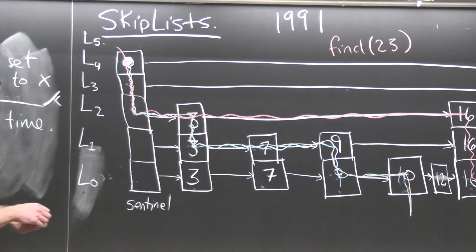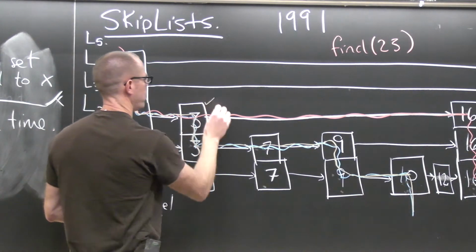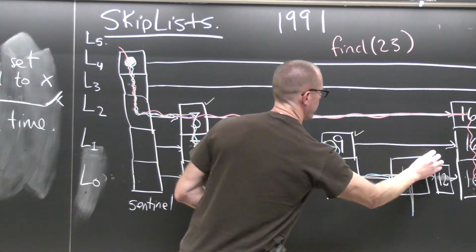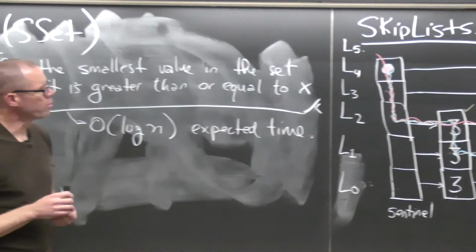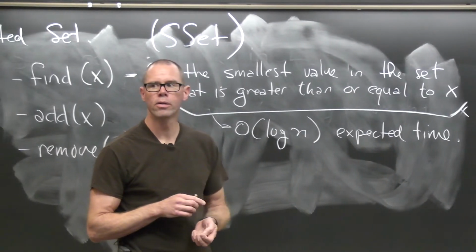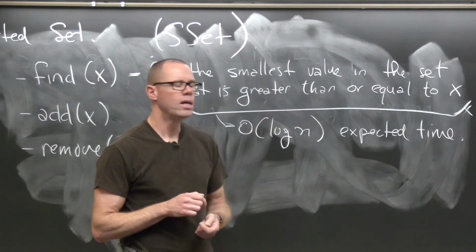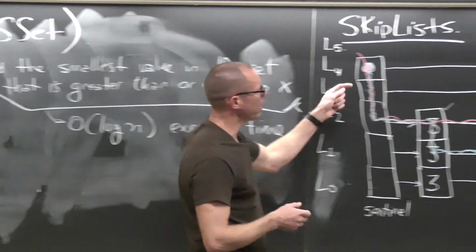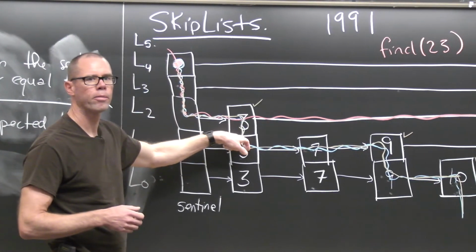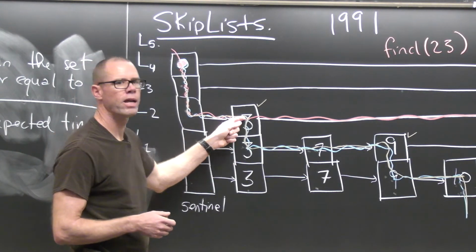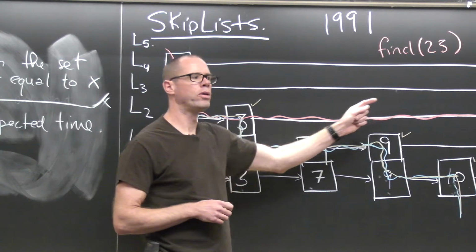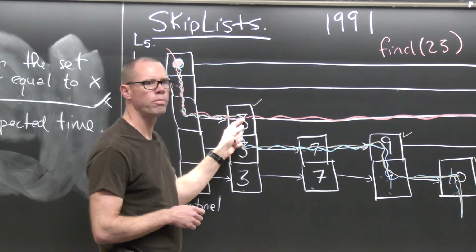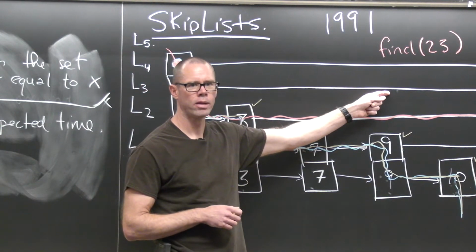Is there anything that distinguishes those nodes in terms of the search path we just followed? They're all places where the search went down. And it went down because if it had gone right, it would have overshot the thing that we're looking for, which means that the thing we're looking for should come right after that in that list, right?